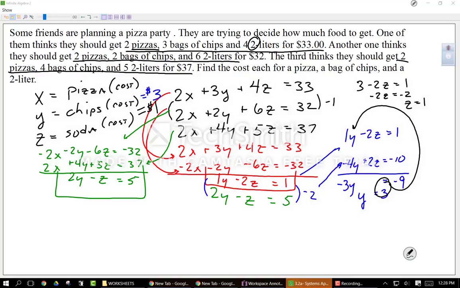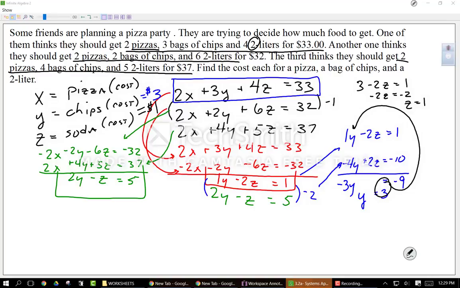Now I need to find the cost per pizza. So let's use the first equation, and let's plug in the known values already, which is chips and soda, and then we're going to find the value of each pizza.